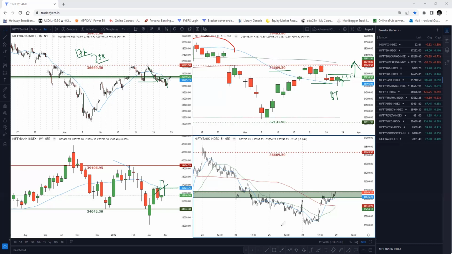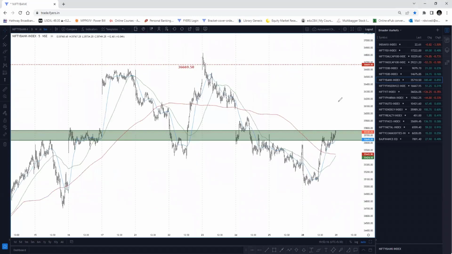Let us just see what is happening on the 5-minute time frame. Okay, so in this time frame, today all this selling was covered up by the buying. And if you remember from my past video, I mentioned that whenever there is more than 100% retracement, prices do consolidate for some time.